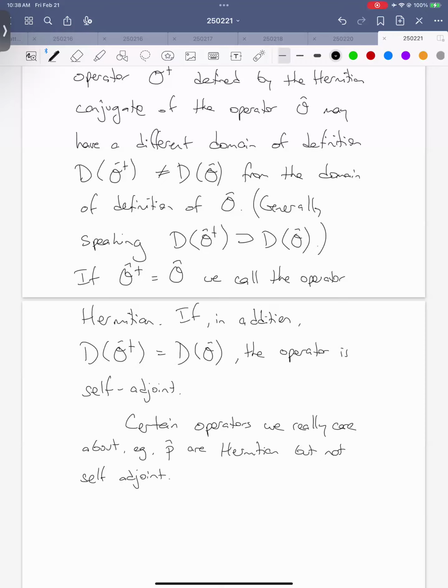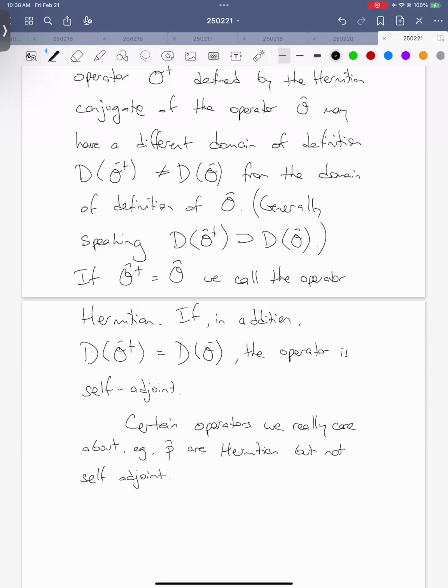Now, if I ask what happens to this momentum operator acting on that same vector in the dual space, I get some other vector, which is the dual of the vector that p hat on the original vector gives you. Complicated, but I think you know what I mean, right?